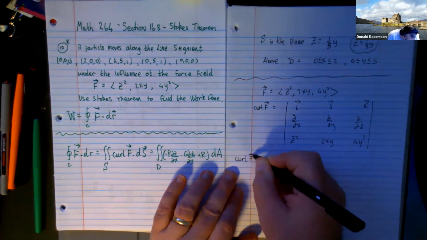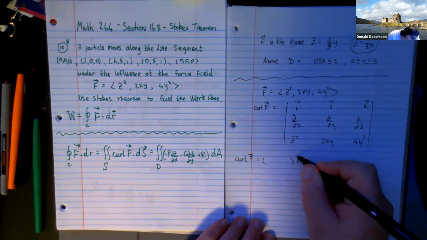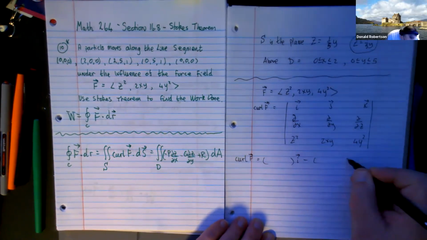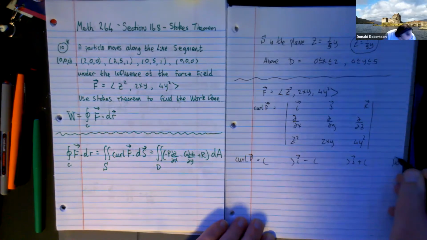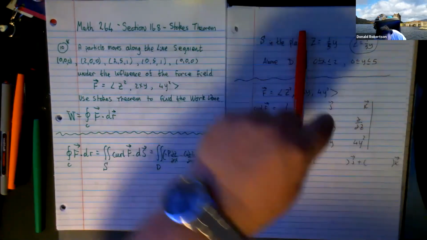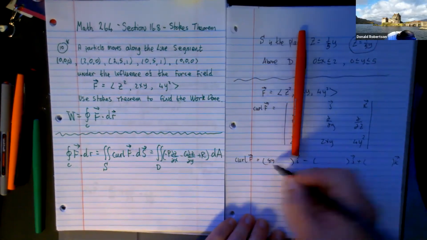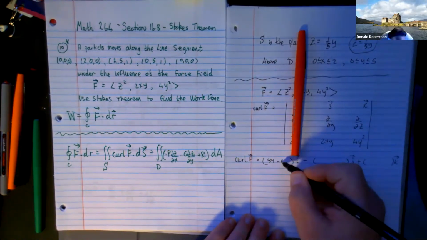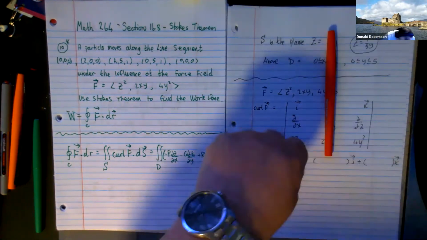And the curl of F is going to be so many i's, take away so many j's, plus so many k's. Right, if I cover this guy up, going this way, you get 8y, take away nothing. We go the middle one, we get nothing, take away 2z.